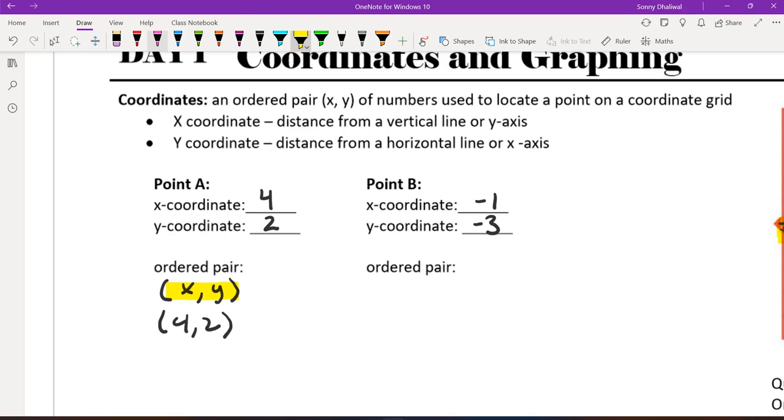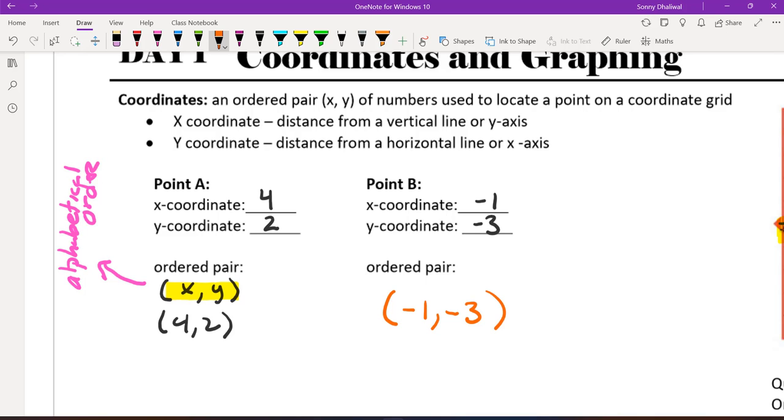And this we use a lot. This is always in alphabetical order. X comes before Y. Okay? So on the next one, for point B, the X value was -1 and the Y value is -3. That is written as an ordered pair.